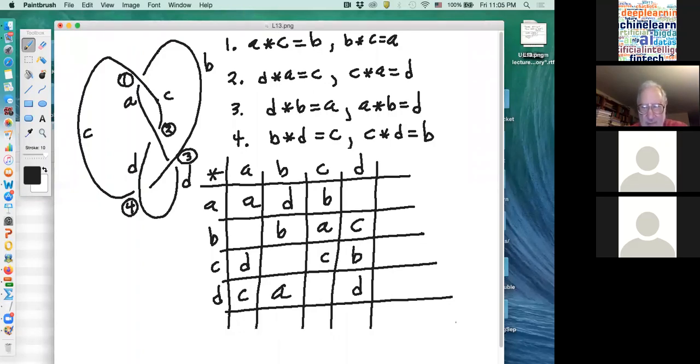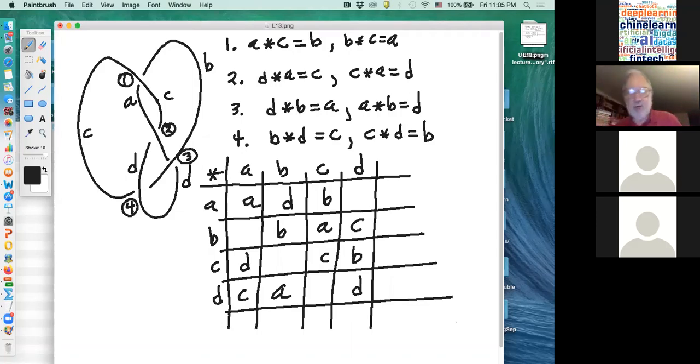What about A times D? We're going to assume that it works the way it appears to work, namely that you're not going to have any repetitions in a row or any repetitions in a column. No repetitions in a row, no repetitions in a column.